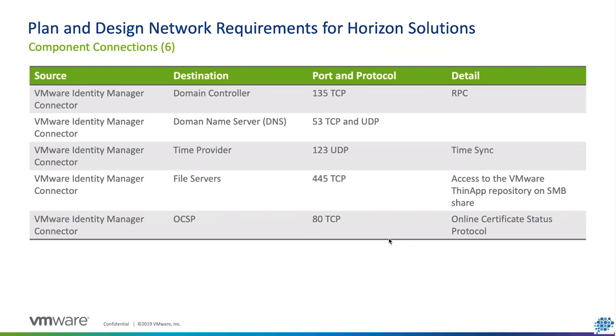If you're going to use the Online Certificate Status Protocol, or in short OCSP, port 80 TCP will also be used. And when you are using your OCSP server, you also should whitelist the OCSP server's URL in your firewall, so that all components which are using those OCSP servers can reach out to this URL.